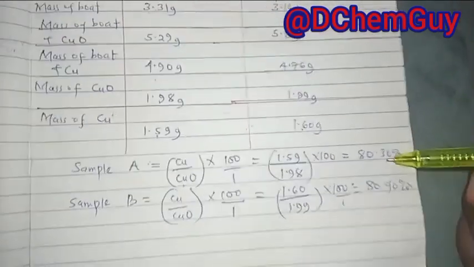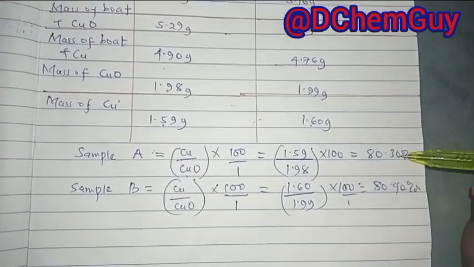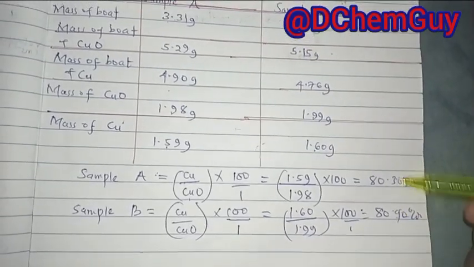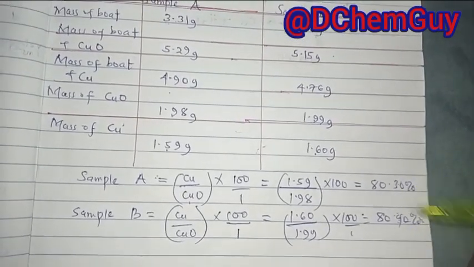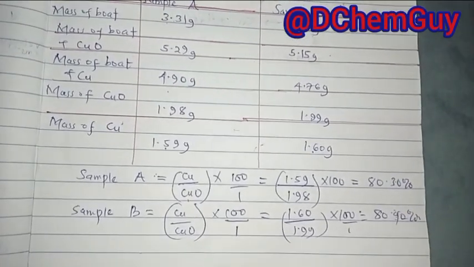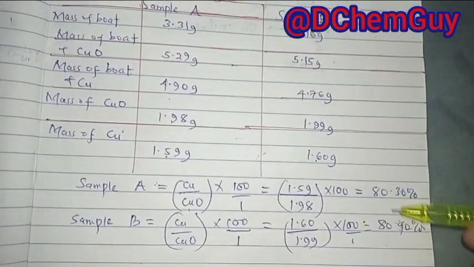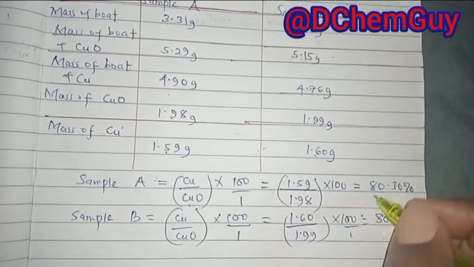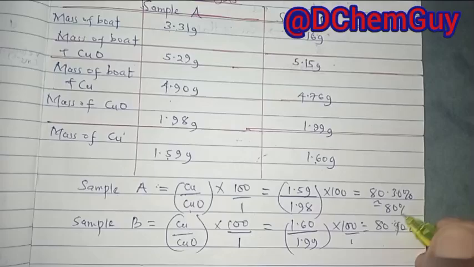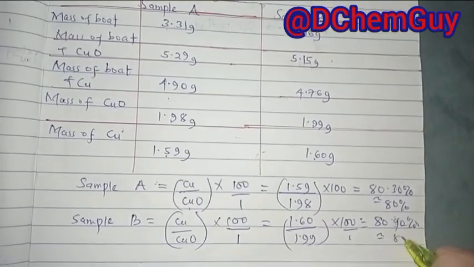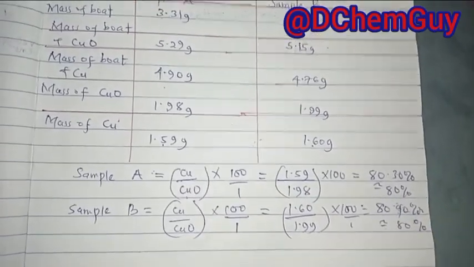Now, if you look at the values obtained in this case, are they not close? They are close. It is approximately 80% here. It is also approximately 80% here. So they are close.